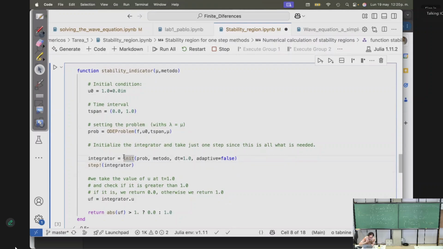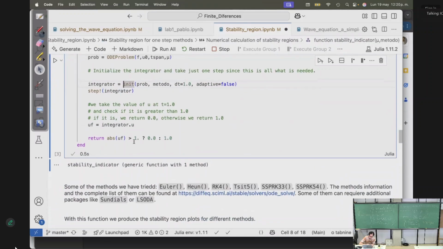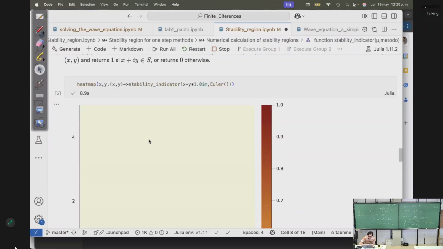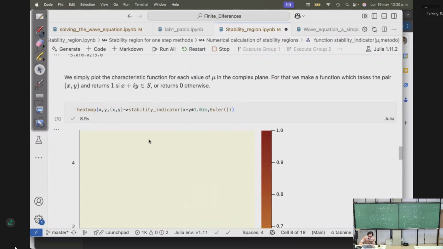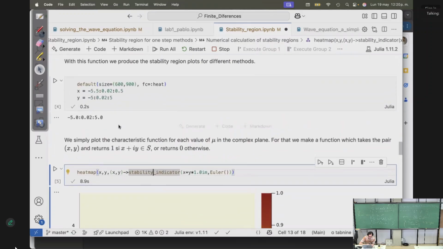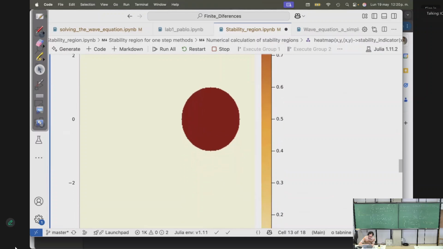It's just doing a single step in time with a delta t and returning 1 if it's stable and 0 if it's not stable. Okay, so this is what this notebook does. We take here, for example, the Euler method, which we have defined here, and we do a map of x and y.